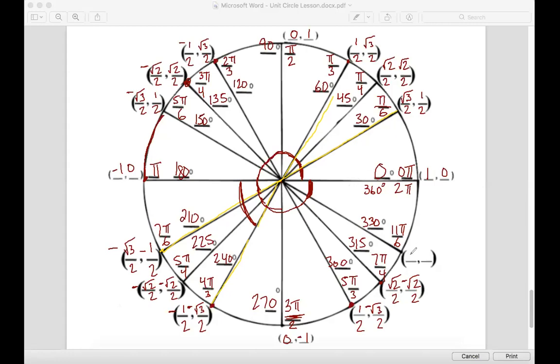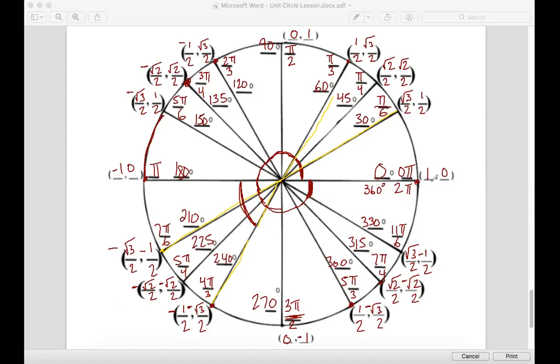And 30 degrees is always root 3 over 2, 1/2. But this time, the 1/2 is negative, again, because we're in quadrant 4. You have to go right, which is positive, and then down, which is the y is negative. And then here we are back to 360 degrees, or 2 pi, which was our full cycle, and we're back at a coordinate of 1, 0.